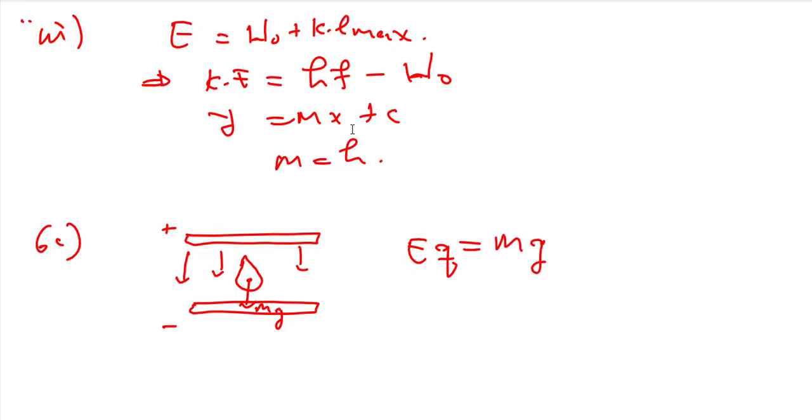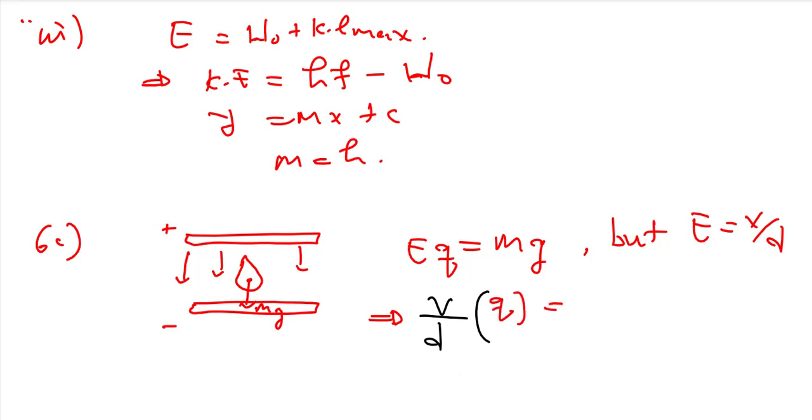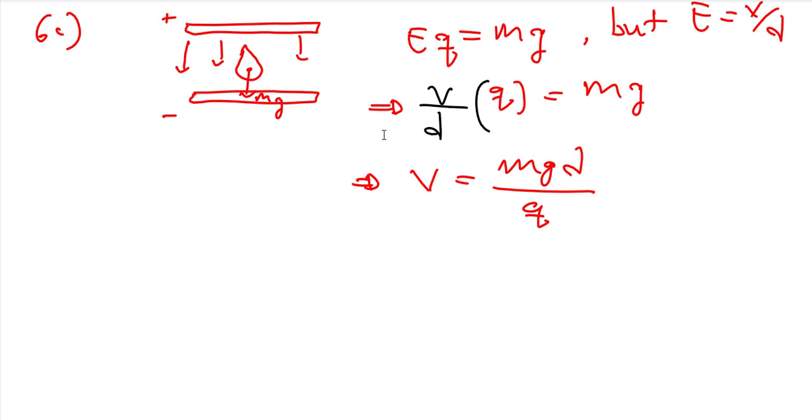But E is equal to V over D. So we have V over D, all of this times Q, equal to mg, and so the potential difference V will be equal to mgd divided by Q. Now, Q is 3e.